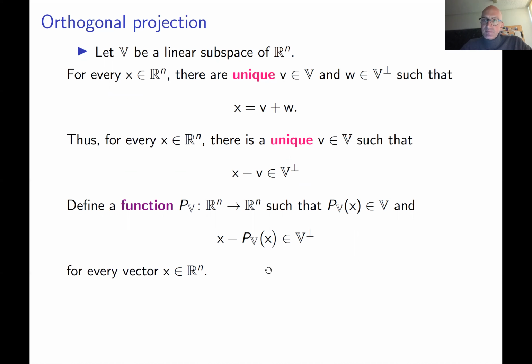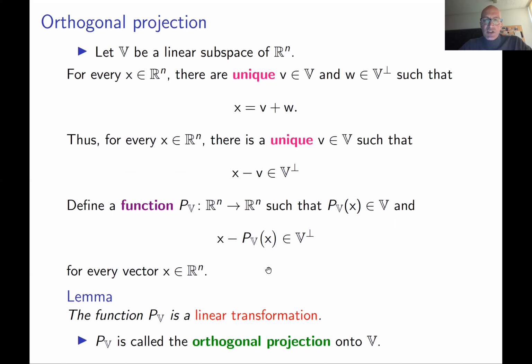Okay, so this condition defines a function which we call orthogonal projection onto V, and here is a lemma: this function is a linear transformation. There are two ways to prove this lemma. One way, which is given in the lecture notes, is to check that the three properties of linear transformations are satisfied for this function.